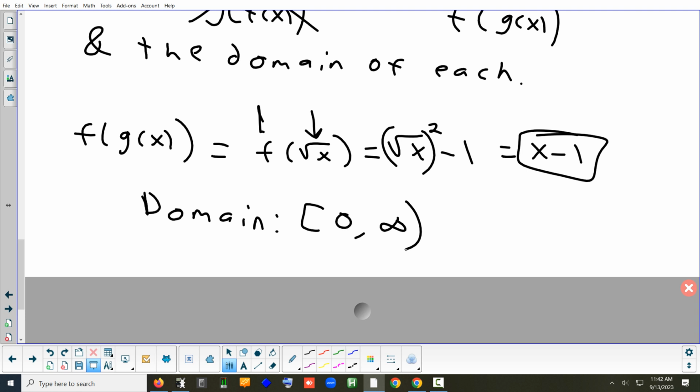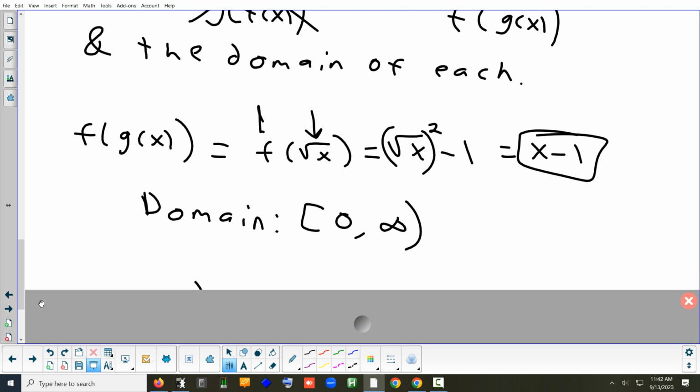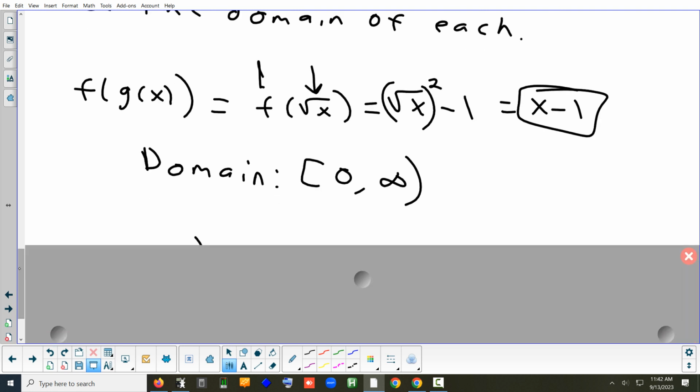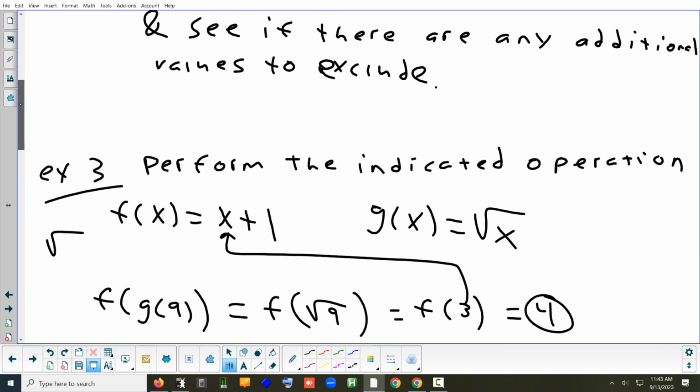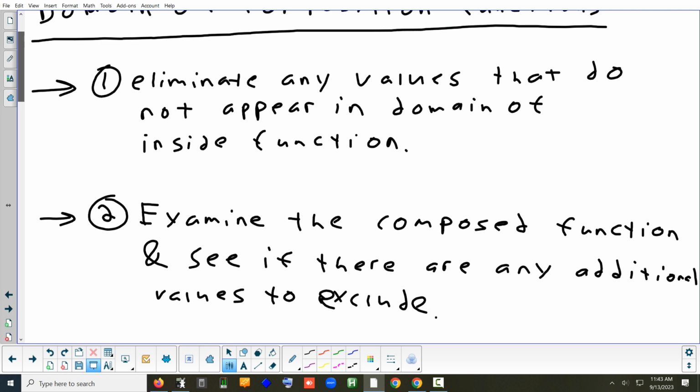Just like that. Any question on that? So it's not that hard. I know sometimes people have a hard time with domain of composition functions, but as long as you follow those 2 steps, it really makes it very systematic how you do it. You don't have to guess and try to figure it out. You just follow step 1, follow step 2. That's it.